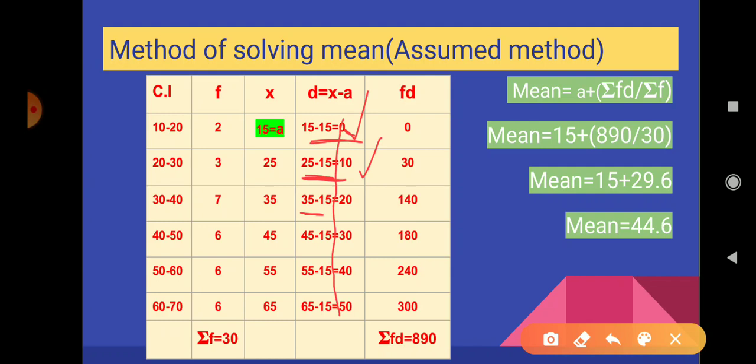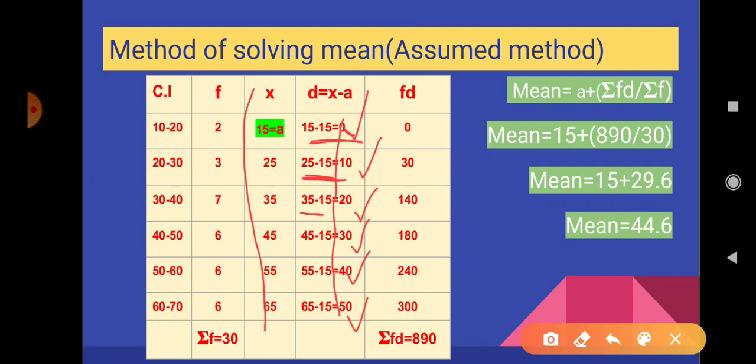So we get 20, 30, 40, 50. Remember, when you are finding d, the difference will be the same: 0 to 10 the difference is 10, 10 to 20 the difference is 10, 20 to 30 the difference is 10.